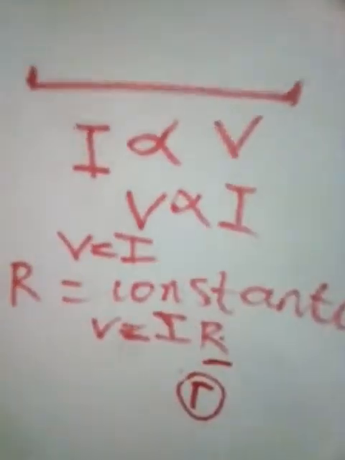The small r is external resistance, outside the battery, moving in a circuit. Now, when we talk about current, we simply mean the flow of electrons. So electricity is basically electrons.